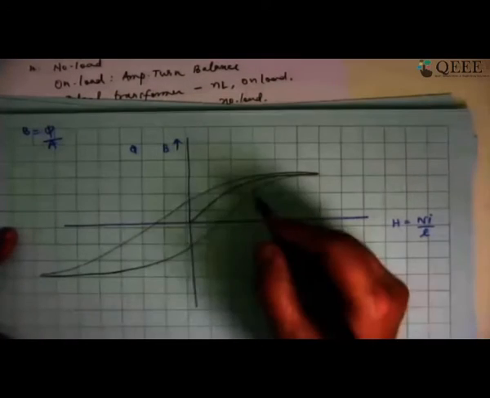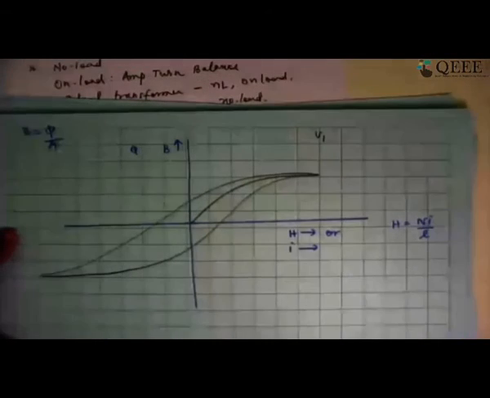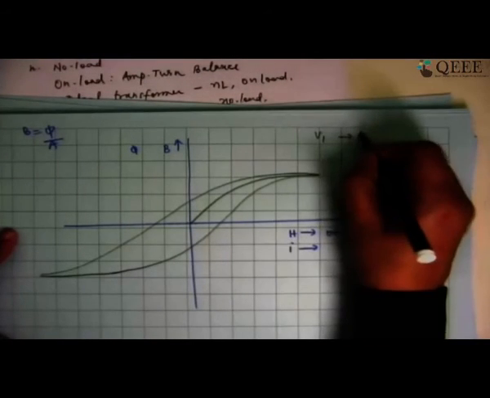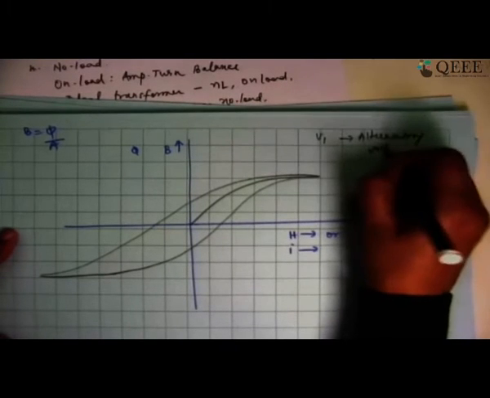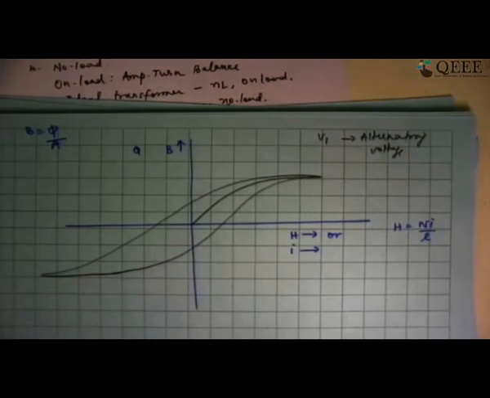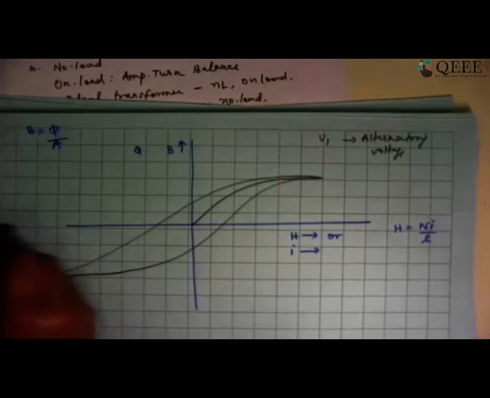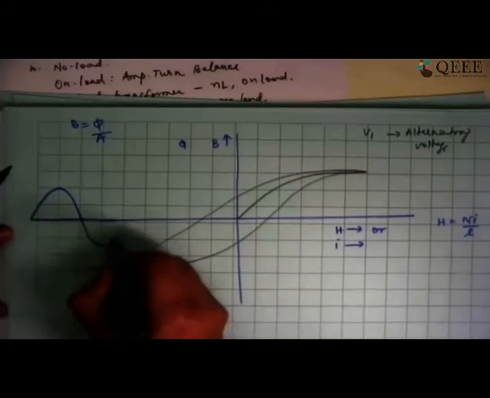Now, when I apply a voltage V1 to the primary winding, which is alternating in nature, I am going to have the voltage somewhat like this. Let me draw the voltage again. If I draw the voltage on this side, I should show it as a sinusoidal voltage. Right?